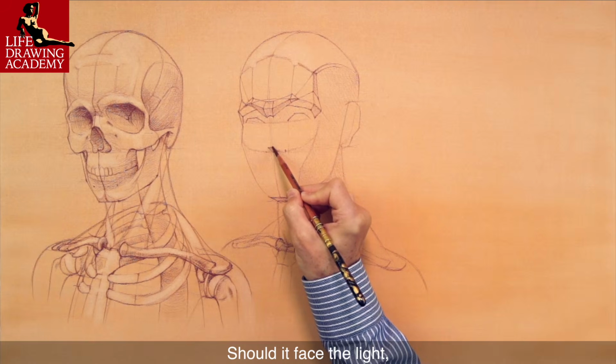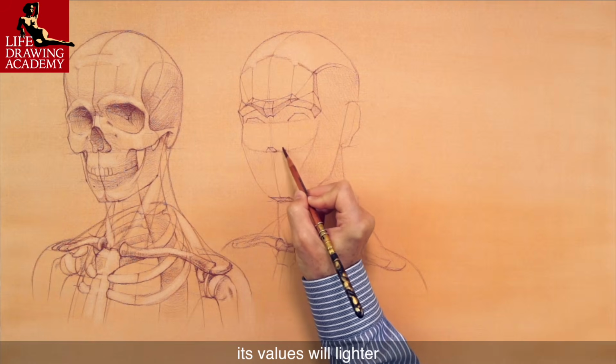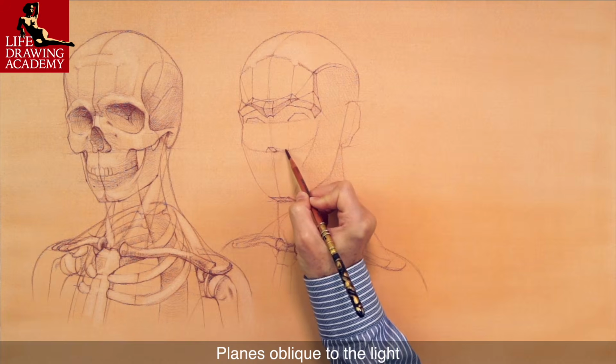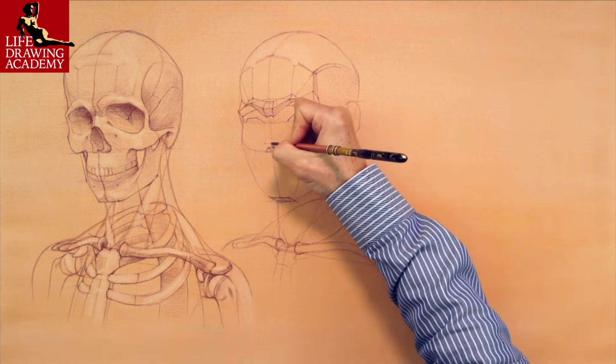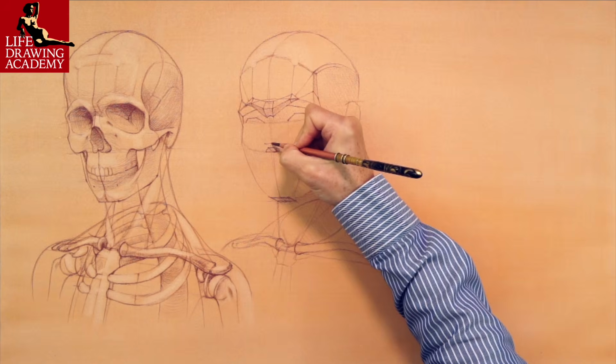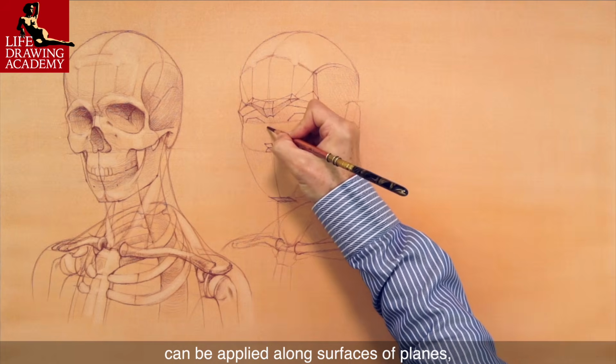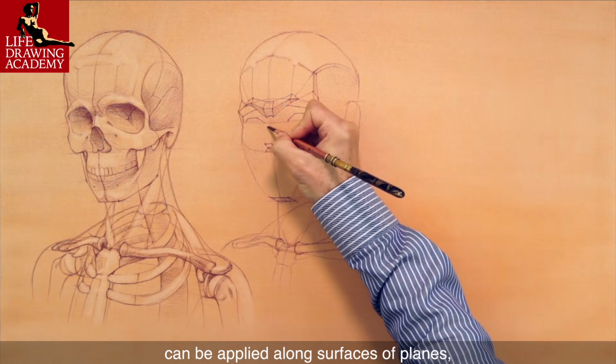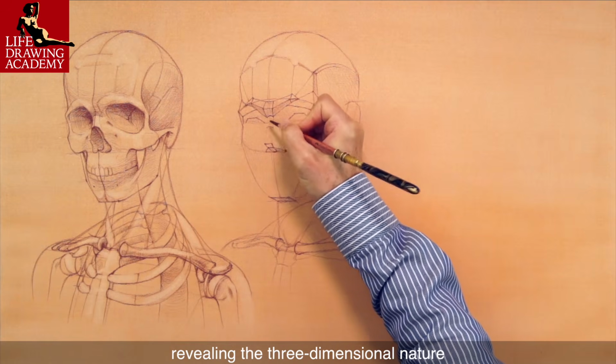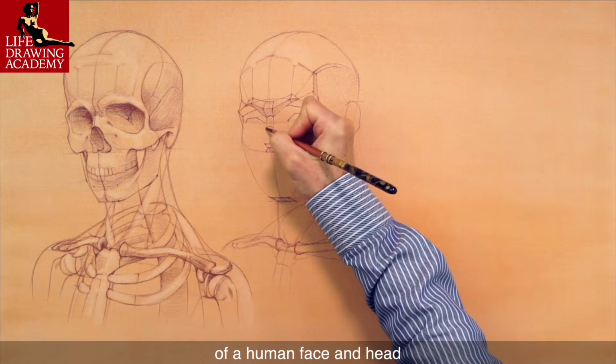Should it face the light, its values will be lighter. Planes oblique to the light will be darker. Also, the direction of hatching strokes can be applied along surfaces of planes, revealing the three-dimensional nature of a human face and head.